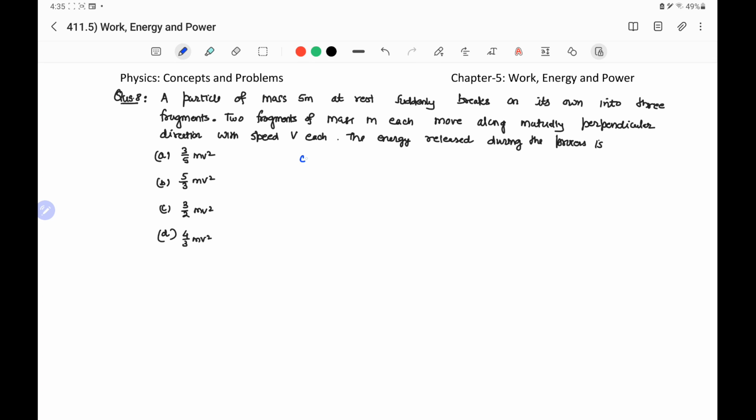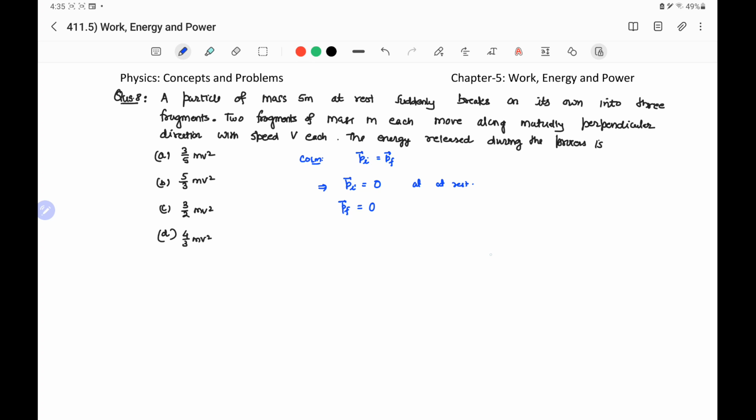From the conservation law of linear momentum, the initial momentum of the system must equal to the final momentum of the system. This implies that initial momentum of the system will be 0 as at rest as per question. So final momentum of the system which have the three fragments must also be 0.